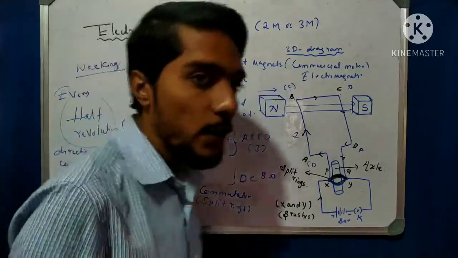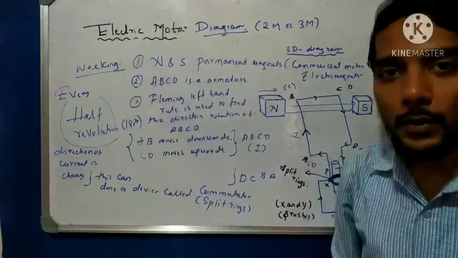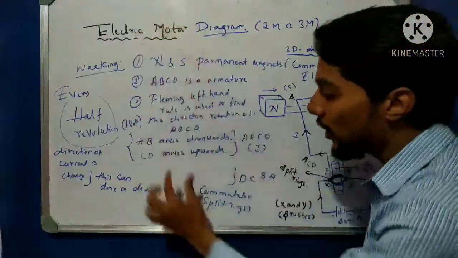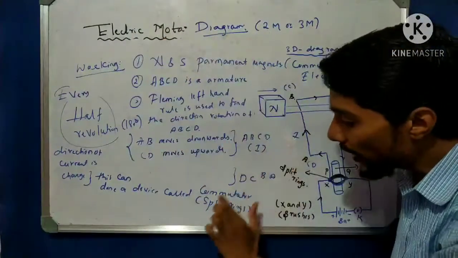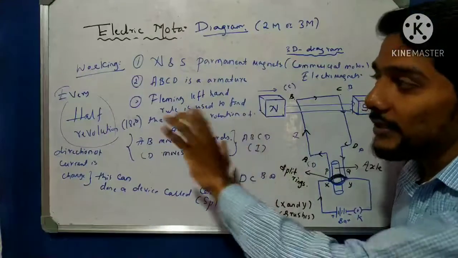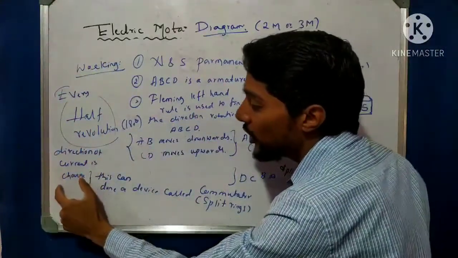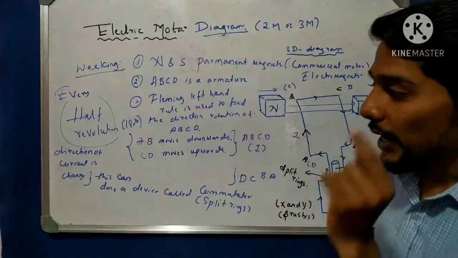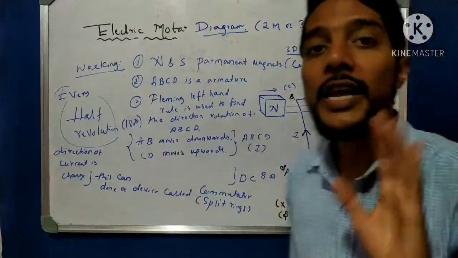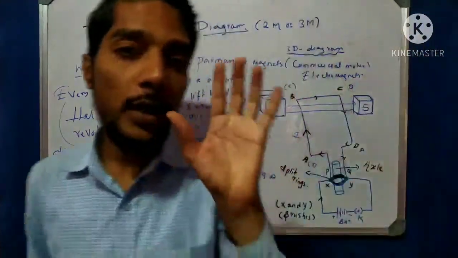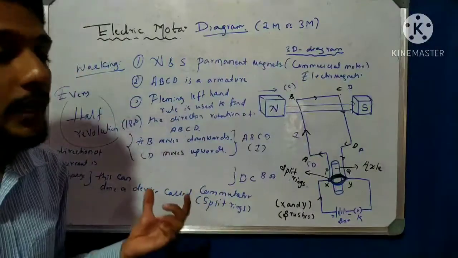In examinations they ask: what is the function of split rings or commutator in the electric motor, or what is meant by commutator? The answer is the same: every half revolution the direction of current changes in the coil, and this is done by a device called a commutator, PQ in the diagram, also called split rings.